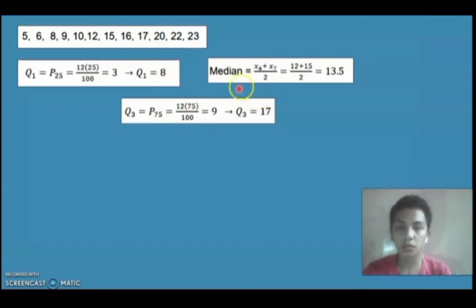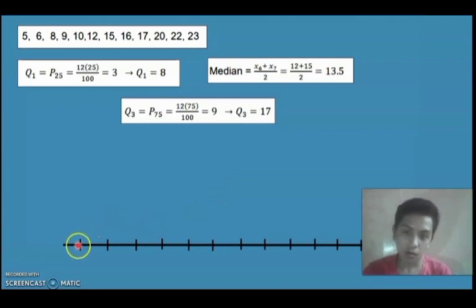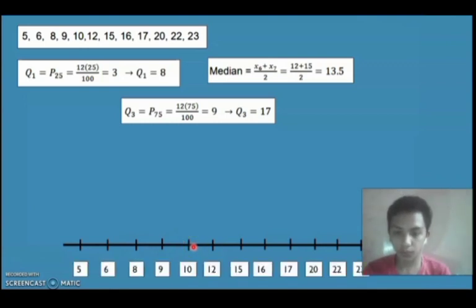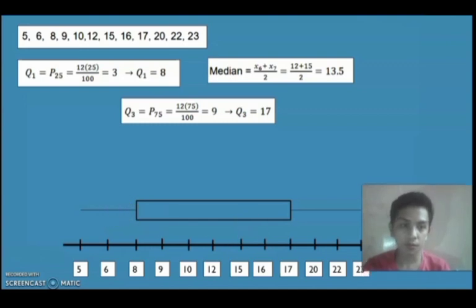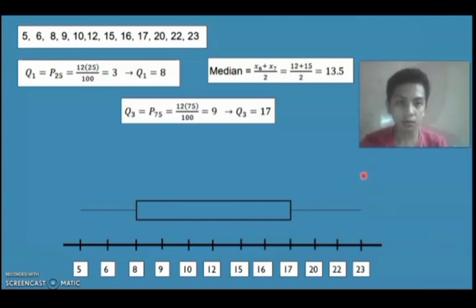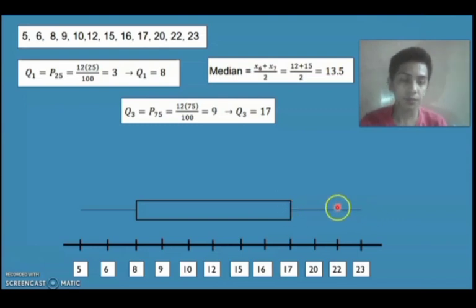We get these values for the whiskers and for the diagram. First, let's make this and give them the values. Here is the median.